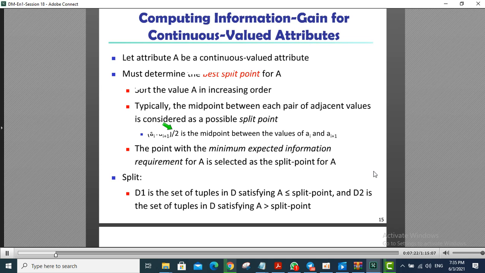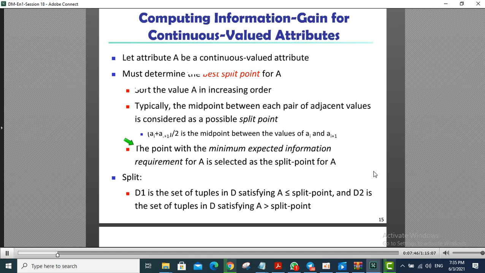But which of those points are better than the rest? It's the main question. I found some possible split points, but which of them are good? I should select only some of those values.